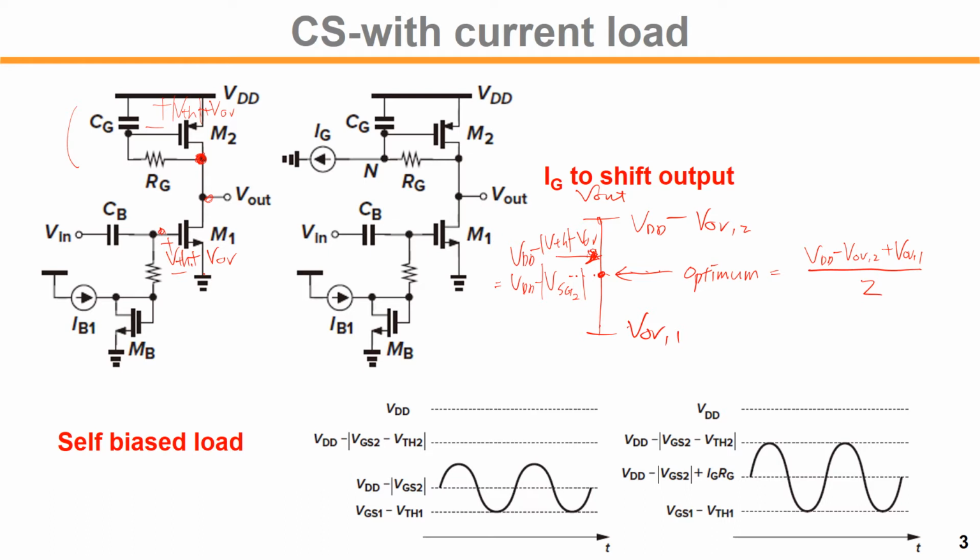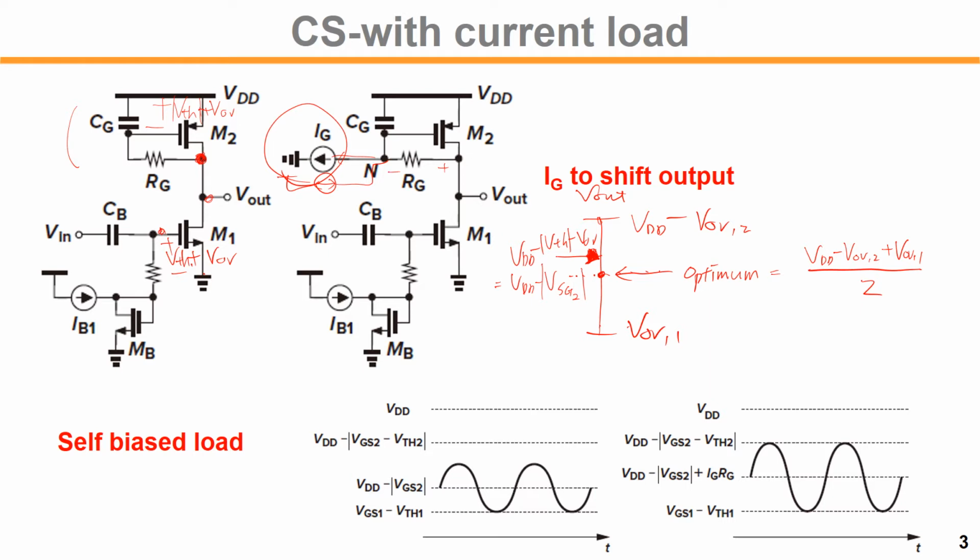If you want to move that output common mode voltage, we may introduce an IG there. It may pull down or pull up current going into that IG, so that we can move the output voltage up and down.